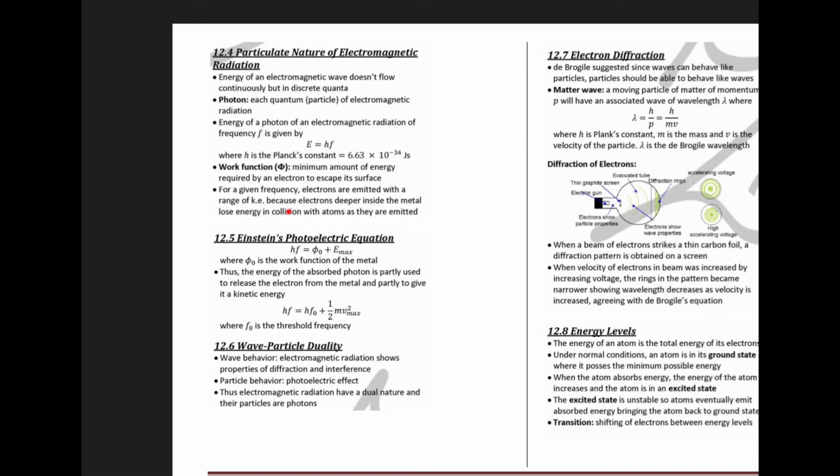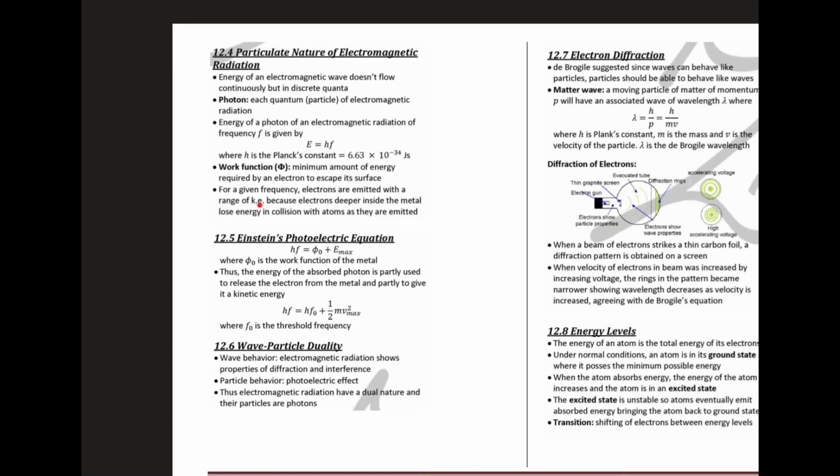So if they want to come out, they need to collide with the nucleus, maybe, they need to collide with other electrons in order to release from the metal surface. And because of that, the kinetic energy for those electrons is a bit lower compared to electrons staying on the surface. The kinetic energy will be higher. So that's why there is a range of kinetic energy.